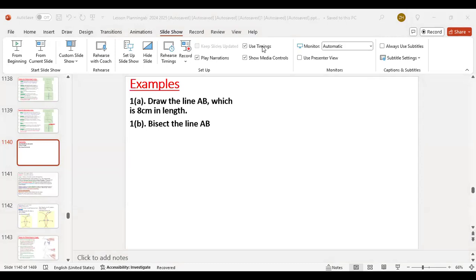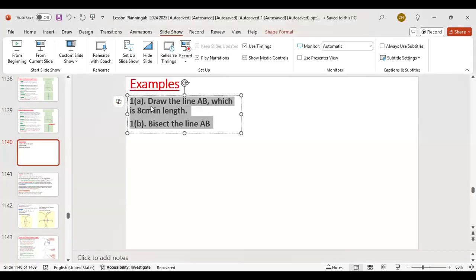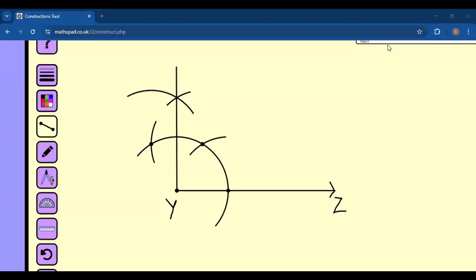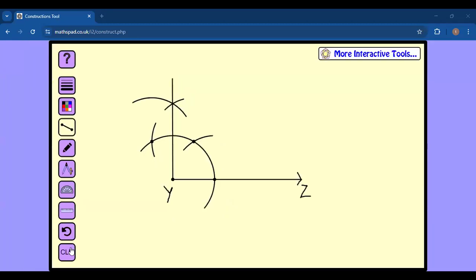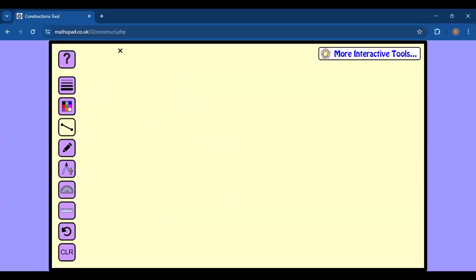And we're gonna do it. We are going to definitely go ahead and draw this and bisect the line. So let's go ahead and share this drawing thing. Let me clear everything.